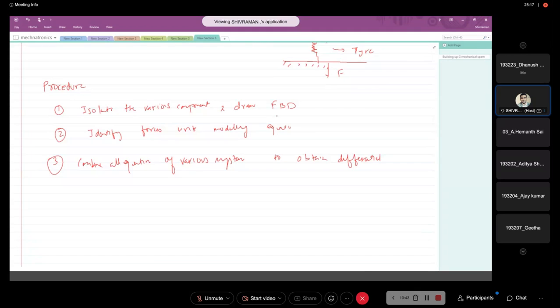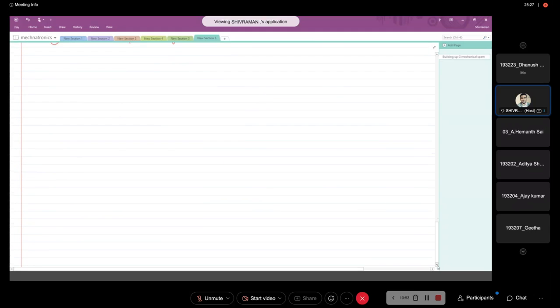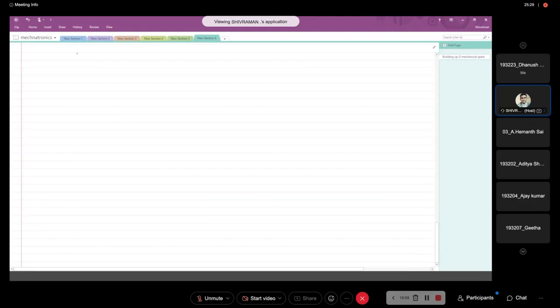And then you combine all the equations, finally representing them in the form of a combined differential equation, which represents the model of your system. So let's understand this with the help of a simple example.